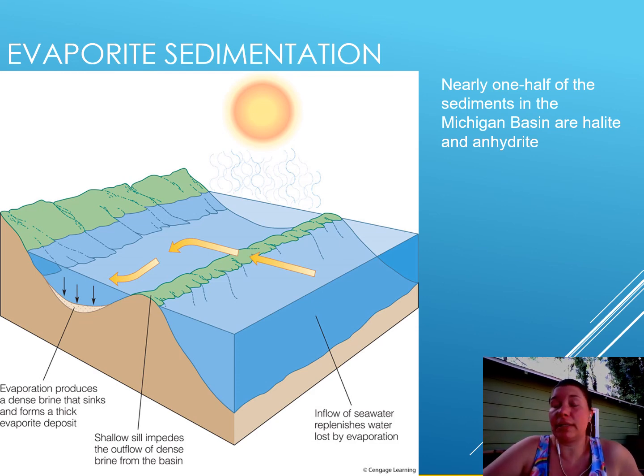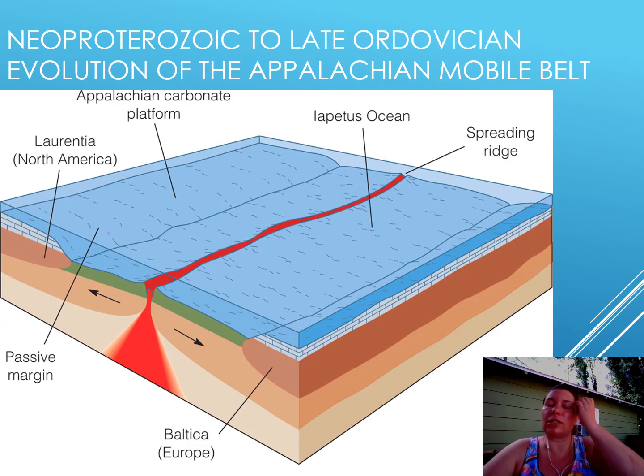All of these sediments are pretty useful for economic purposes. Gypsum is used to make drywall. Calcite is used to make cement. Salt obviously has a lot of uses. So, very economically important. It's all because of an ancient shallow sea that evaporated away that today makes up the Michigan Basin.